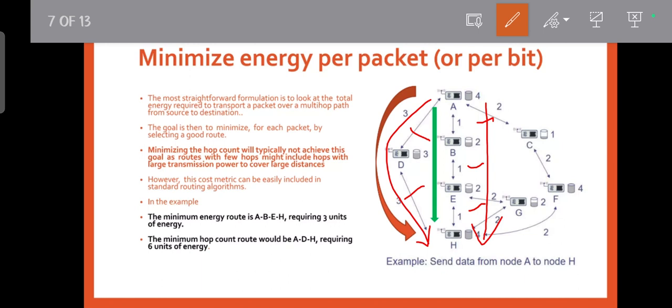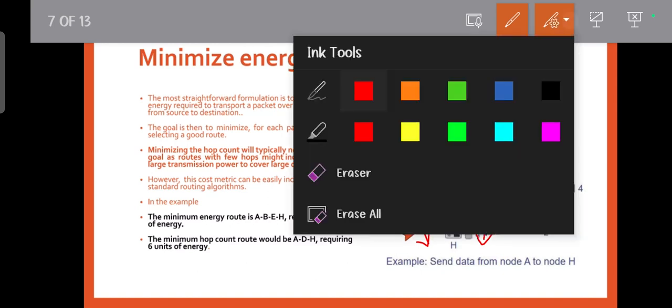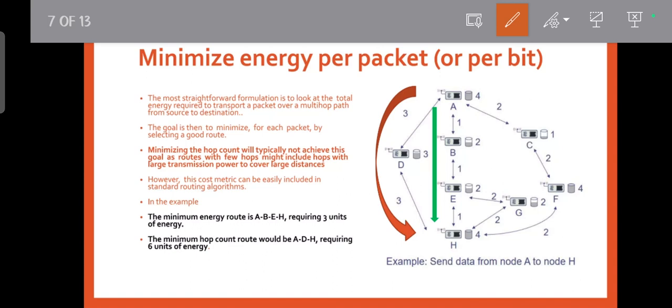Here we can calculate the energy transferred with the help of the link cost. In the path A, B, E and H, we have the values 1, 1 and 1. So 1 plus 1 plus 1 is equal to 3. The energy consumed in the path ABEH is 3.